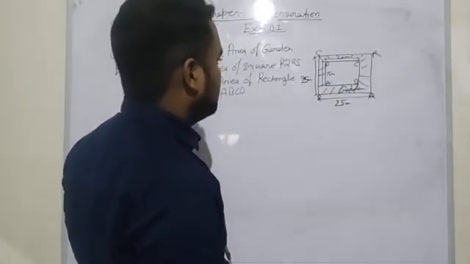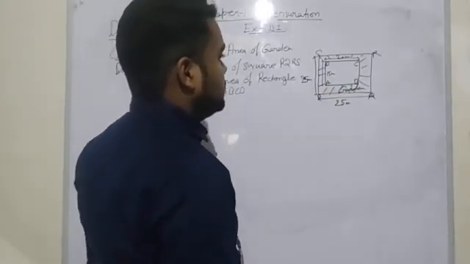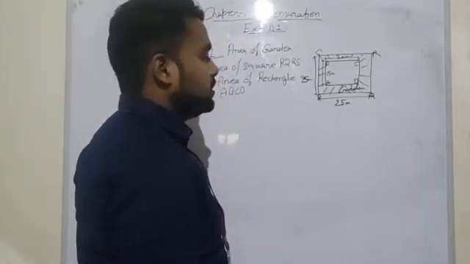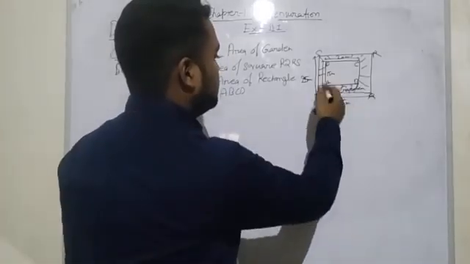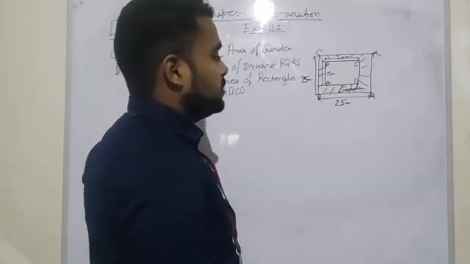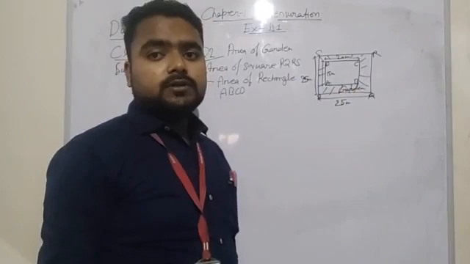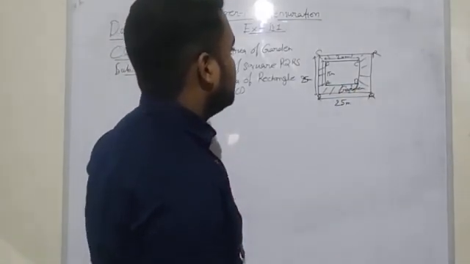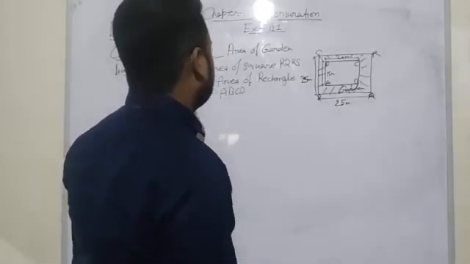So by putting the value of these two, length and breadth, you can find the area of rectangle ABCD. And for area of square PQRS, it is side square. Side is 25 meter. Now put the value 25 meter square, and you can find the area of garden.